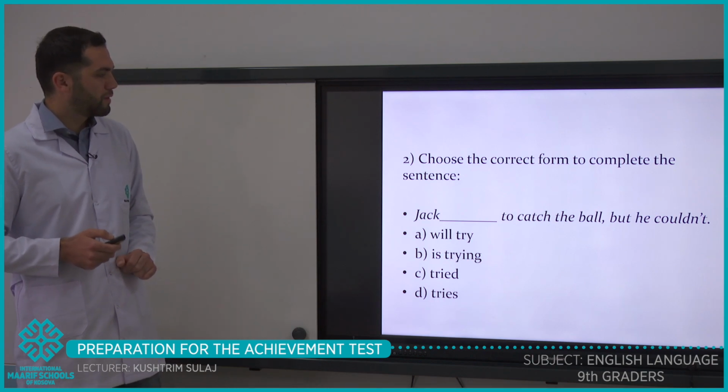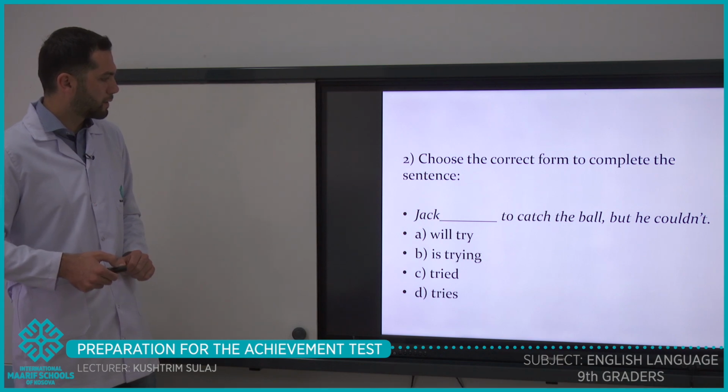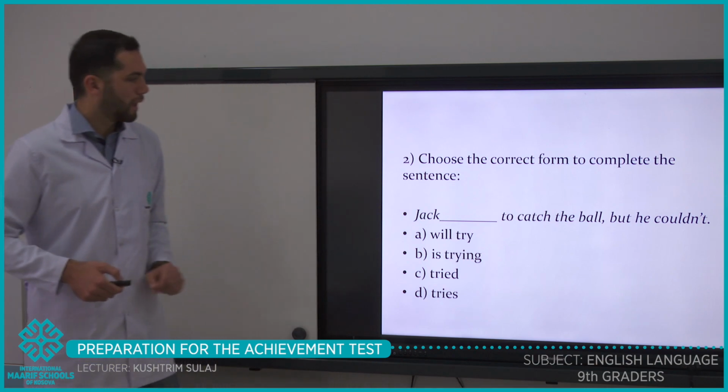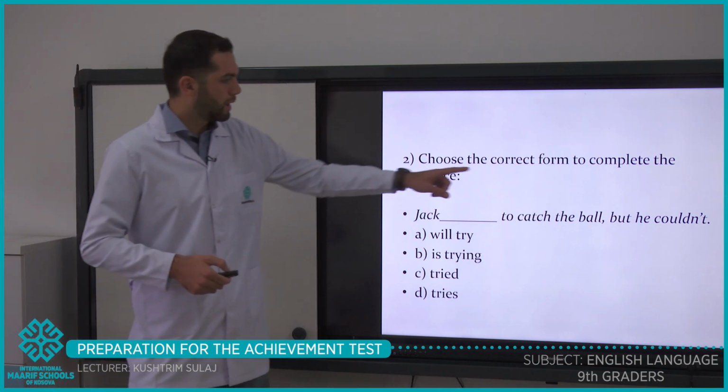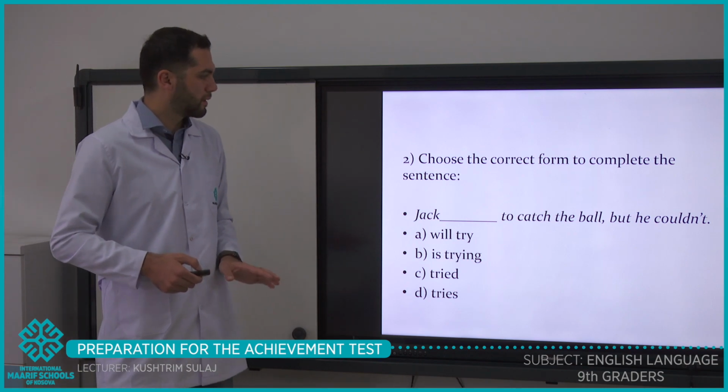So, what is the main verb? The main verb of this sentence is to catch, and then we see there at the end of the sentence, he couldn't. So, Jack will try to catch the ball, but he couldn't. Does it make sense? No, it doesn't.